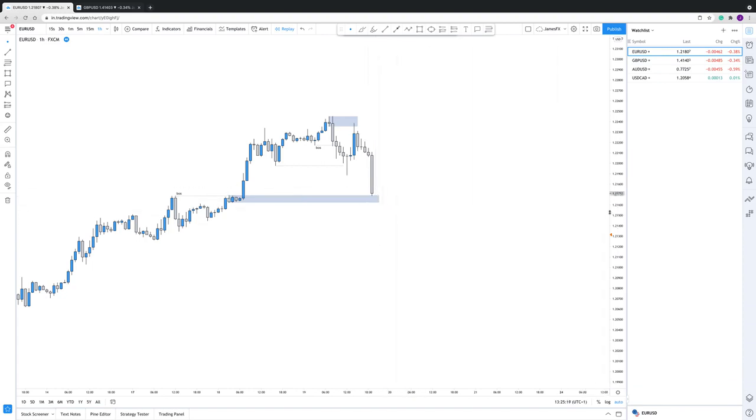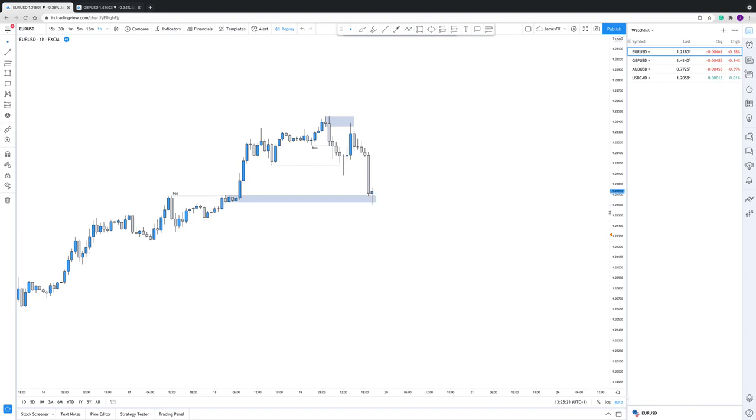But the next candle, I'm not going to go down into a lower time frame and look at the entries, but you can see we did close below it. We wicked below it, but we closed back up. Now for me, this is not invalidating the demand zone, because it's about how it breaks.